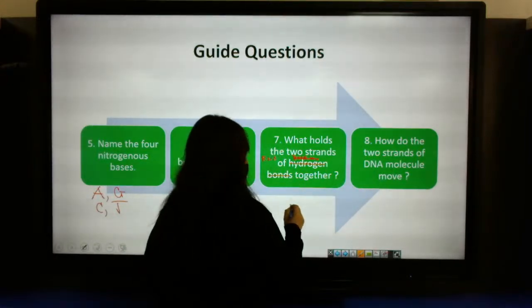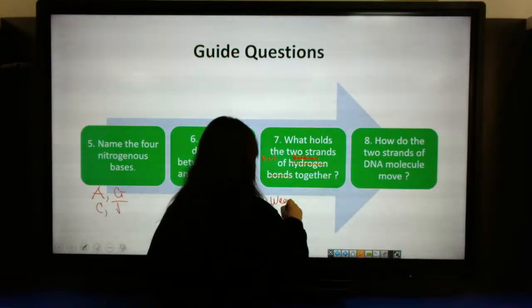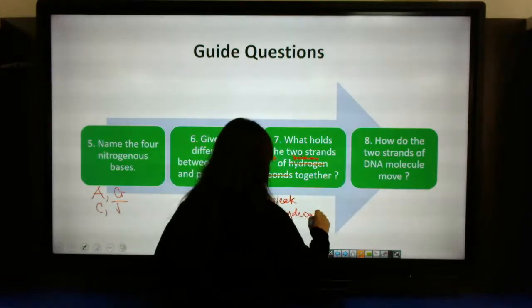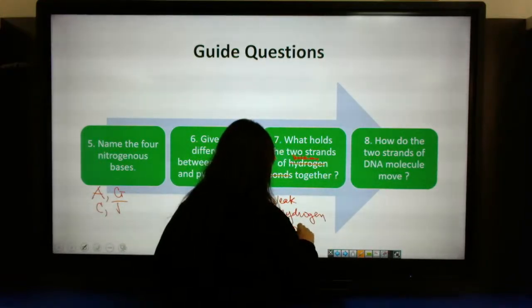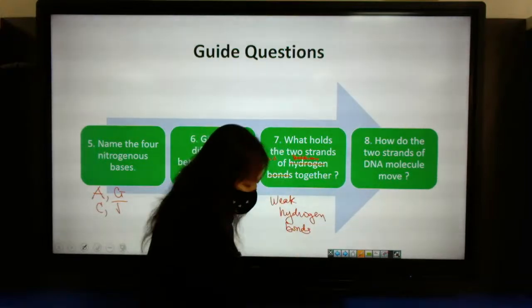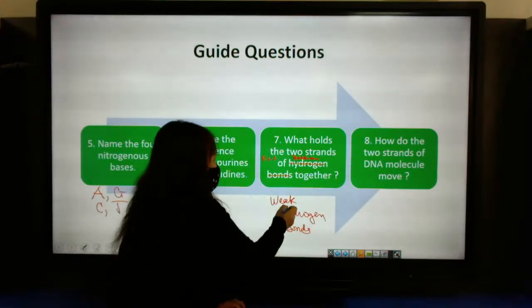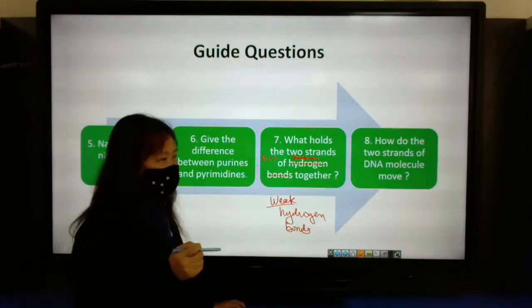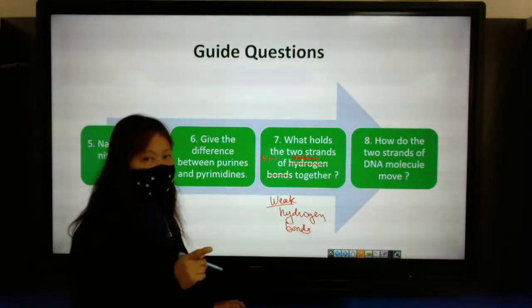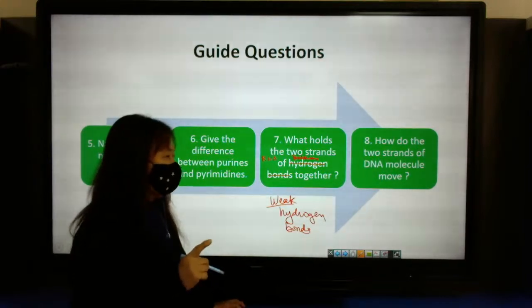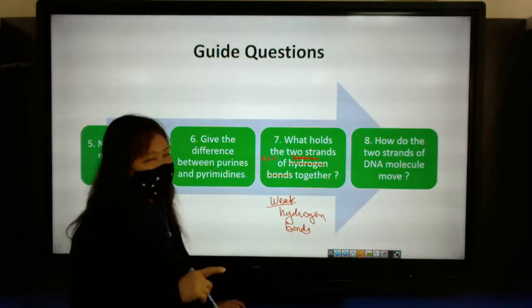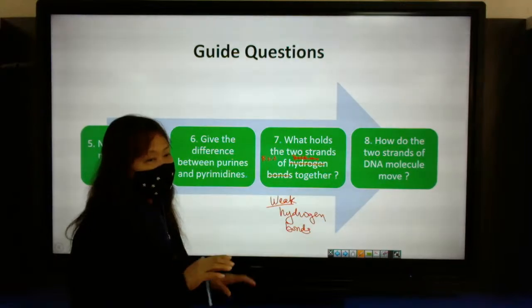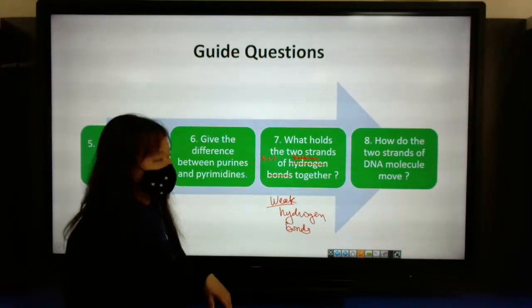The answer is weak hydrogen bonds. Why do we have to call it weak again? Because during the process of cell division, when the DNA molecules need to split into two strands, the bonds that hold the two strands together need to be weak, so it's easily separated during the process.